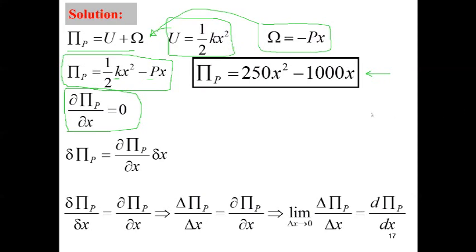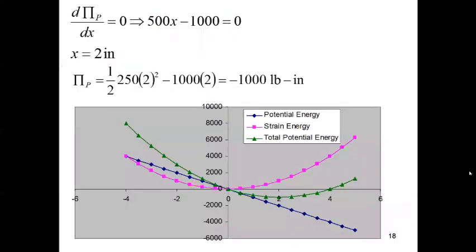Notice that in this example, Πp is a function of one variable, which is x. Therefore, the partial derivative can be replaced with the total derivative. The result will be 500 times x minus 1,000 equals 0. Now we can solve for x.